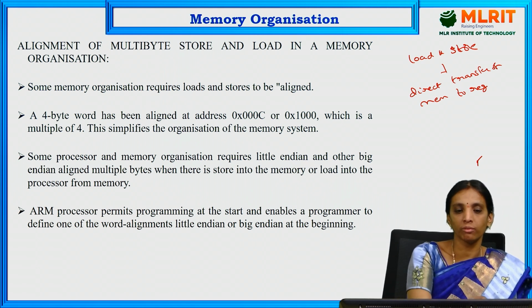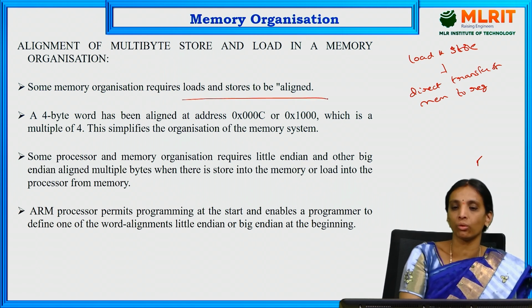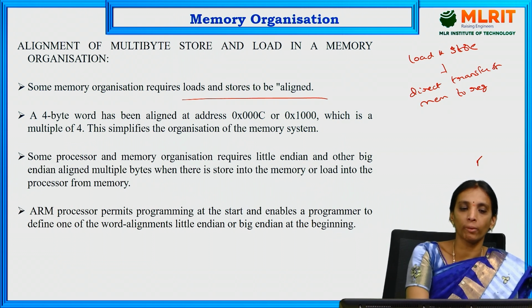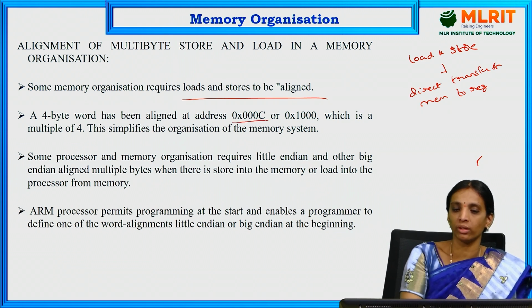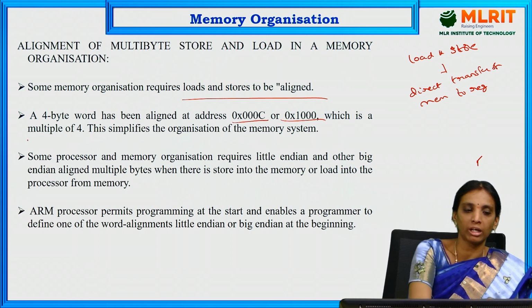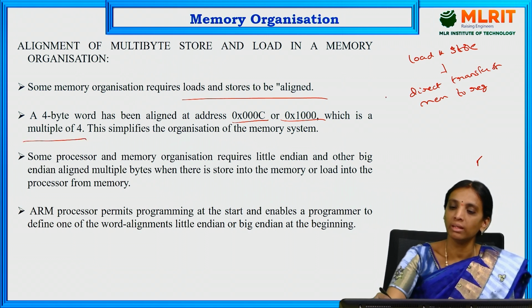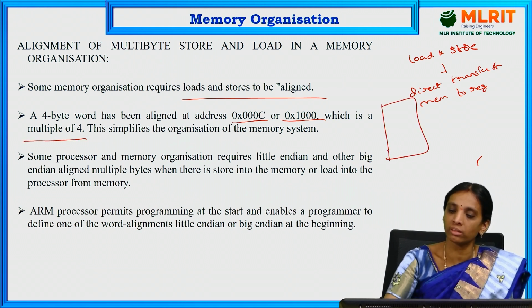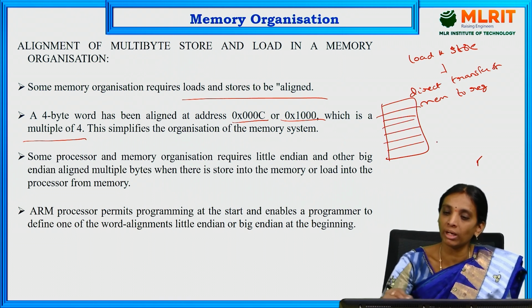This memory organization requires load and store to be aligned, and a 4-byte word is aligned at 0x000C or 0x1000, which is a multiple of 4. That means this load and store architecture follows memory allocation in multiples of 4.